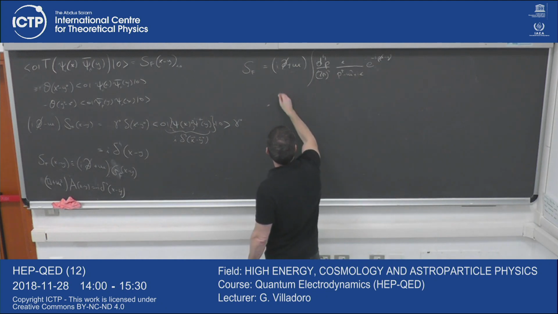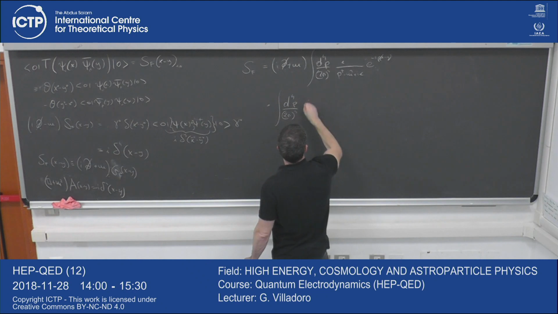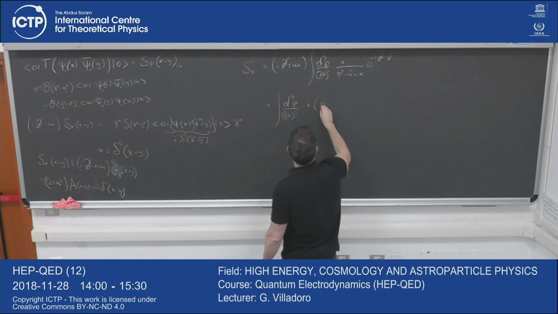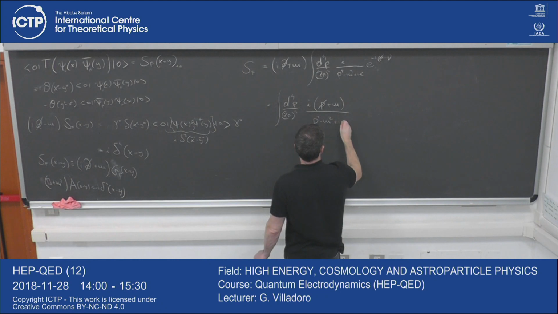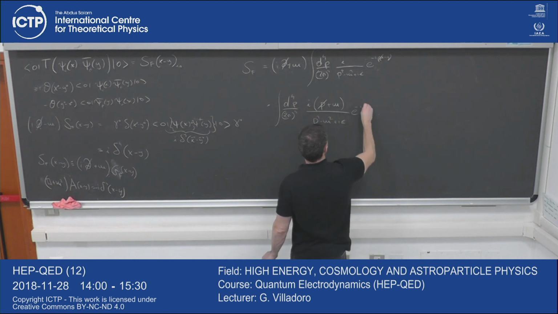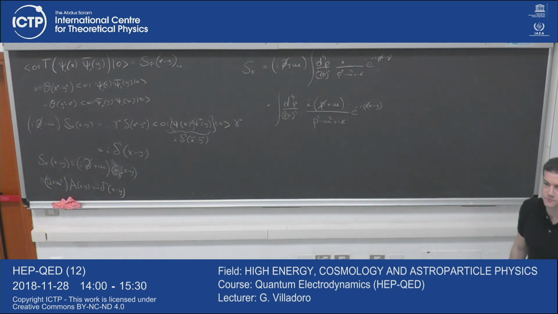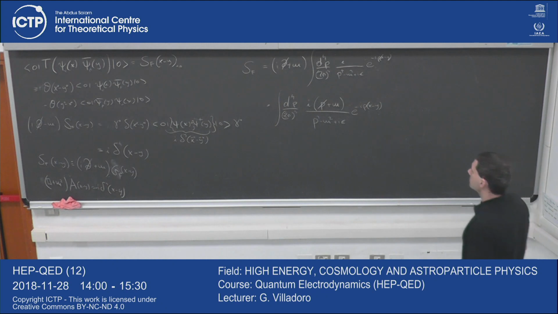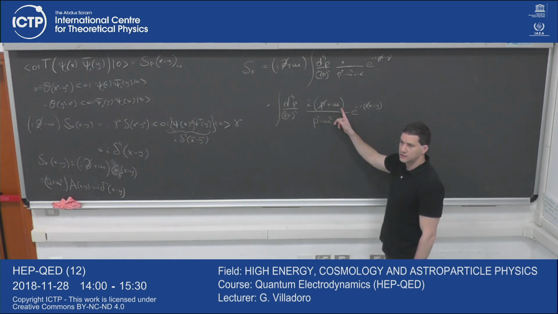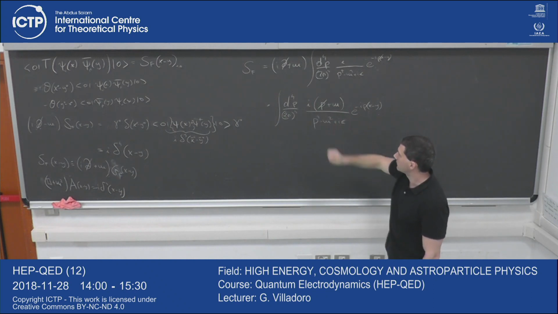So this is also equal to the integral d^4p over (2 pi)^4, there is an i, and then there is a p slash plus m over p squared minus m squared plus i epsilon, e to the minus i p (x minus y). So you see, this is a matrix. P slash is a matrix in spinor index.